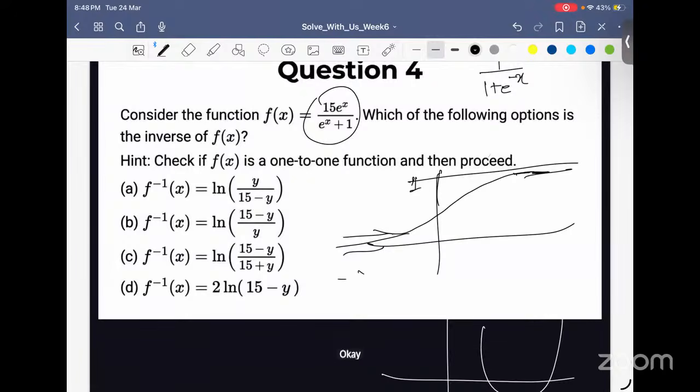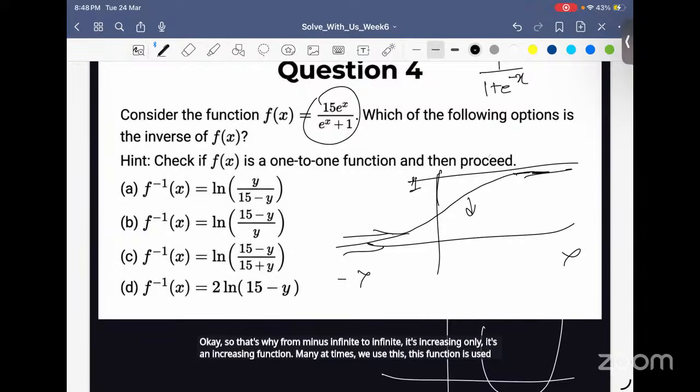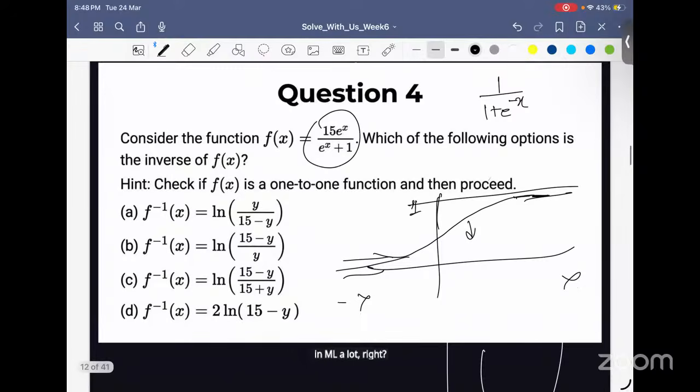That's why from minus infinity to infinity it's an increasing function. This function is used in ML a lot. Okay, leave this. So this is clear, right?